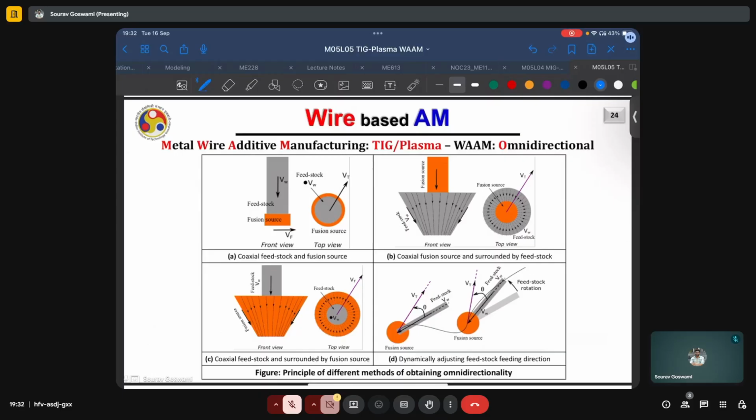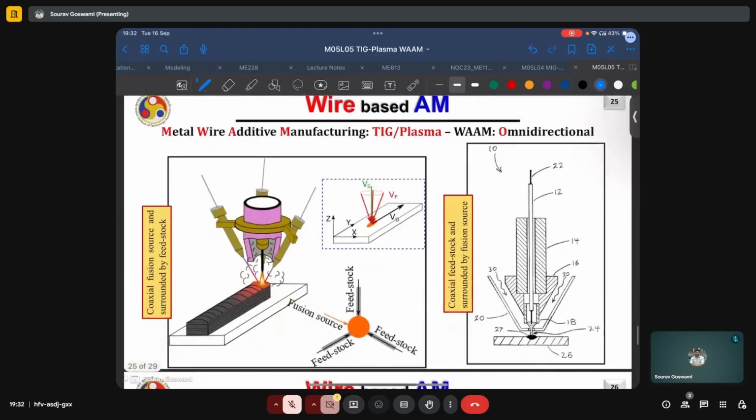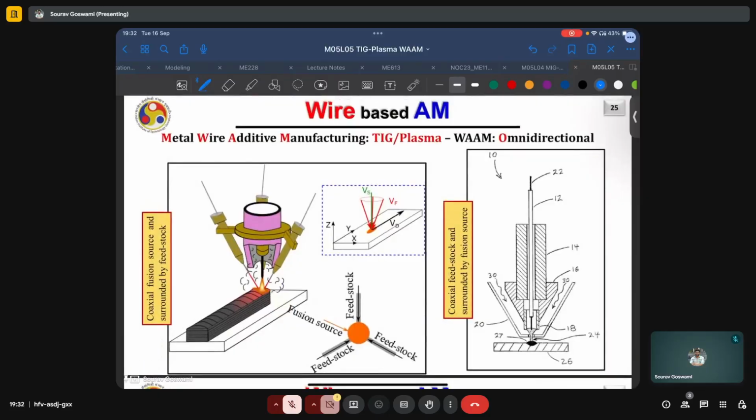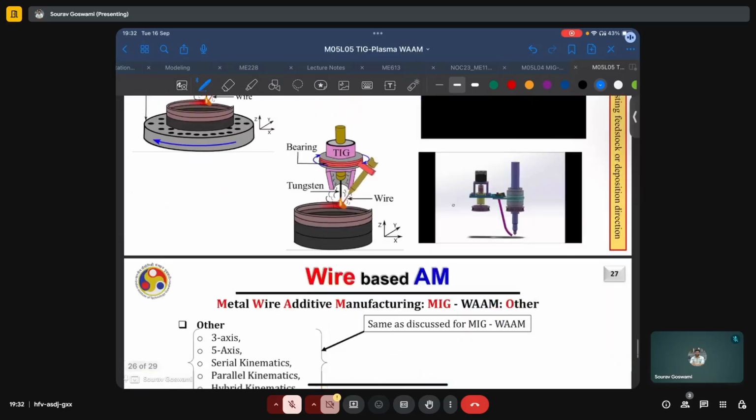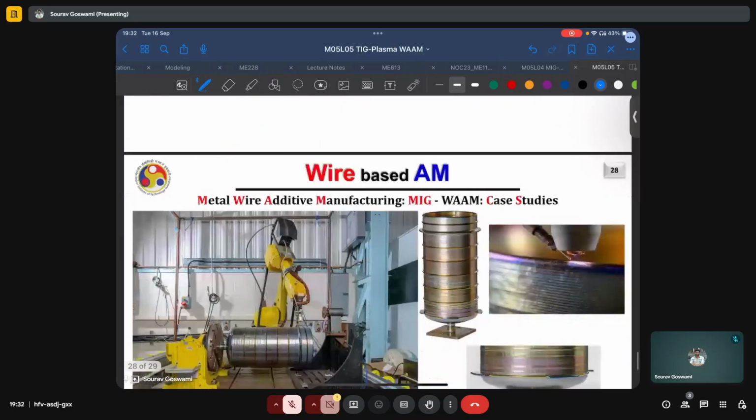Then using coaxial feedstock surrounded by fusion source, which has been implemented where you have annular lasers or maybe approximated by a few discrete lasers, and you have the wire which is being fed coaxially, and we can dynamically adjust the feedstock feeding directions. Some such schematics are also shown here as to how the omnidirectionality can be achieved.